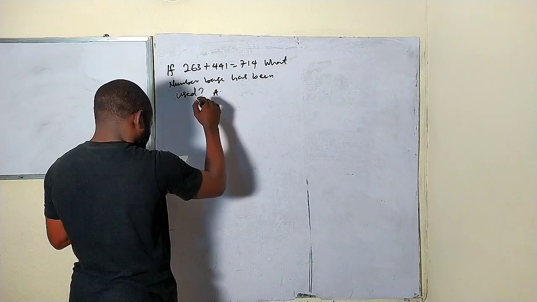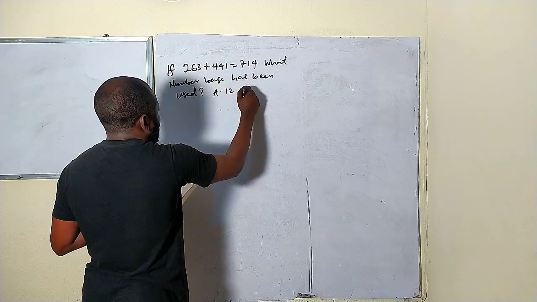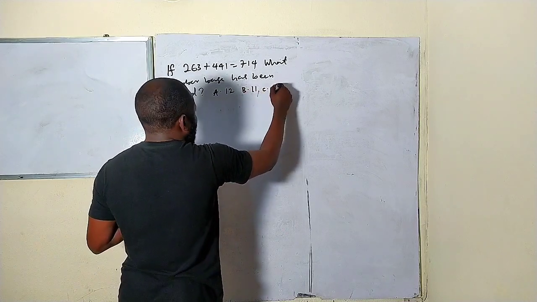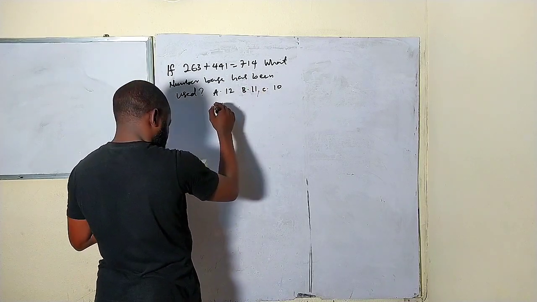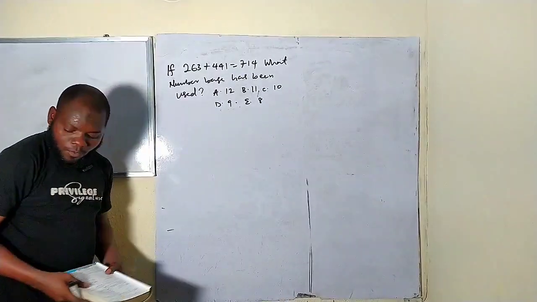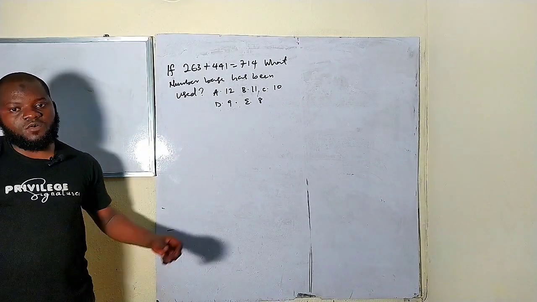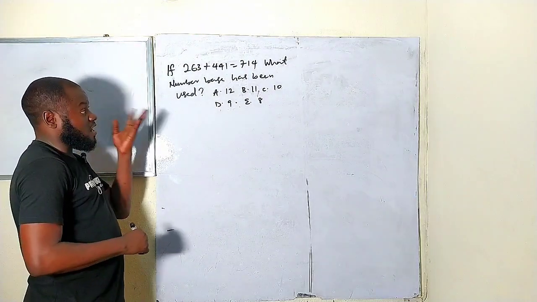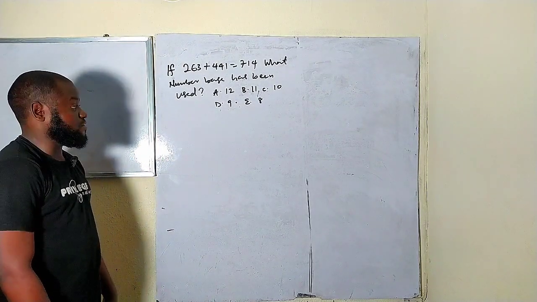So we have option A 12, option B 11, option C 10, option D 9, option E 8. Alright, so there is a question given to us. Let's see how we can do that, and I believe this should be very simple for us.